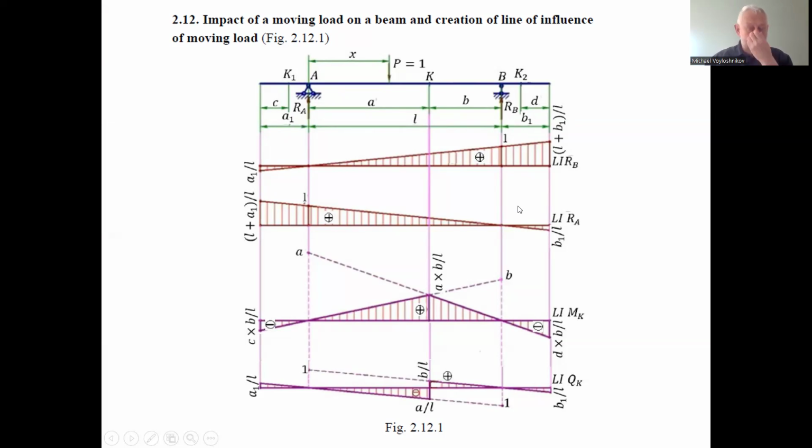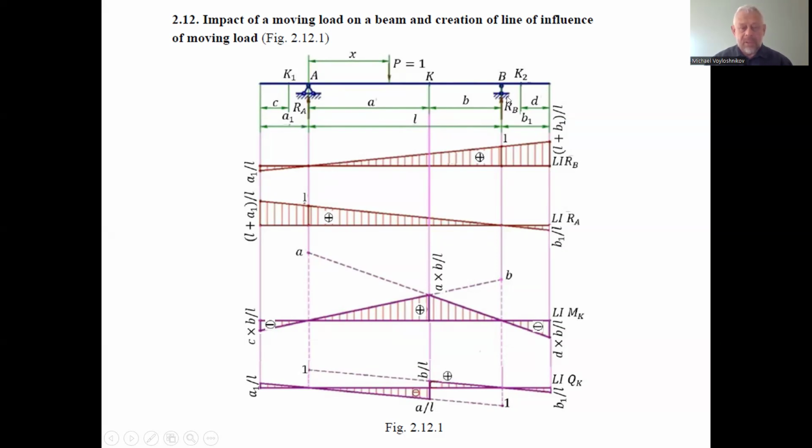For example, we have lines of influence for a place characterized by the variable x relative to the reference point A, here for one definite sample. We can find the lines of influence, the dependence, for example, of the magnitude of the support reaction.